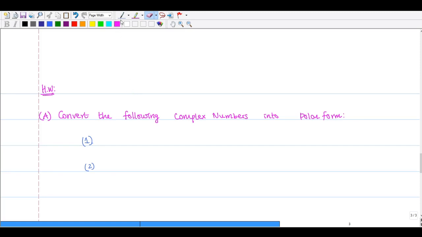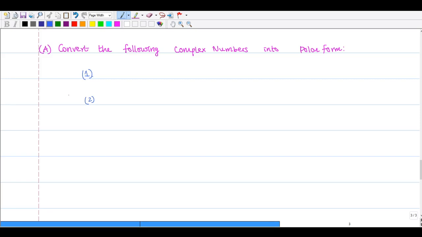So the first problem is: express each of these equations in polar form. The first problem is 2 plus 2 root 3i. The second problem is minus 3i. The third problem is minus 2 root 3 minus 2i.